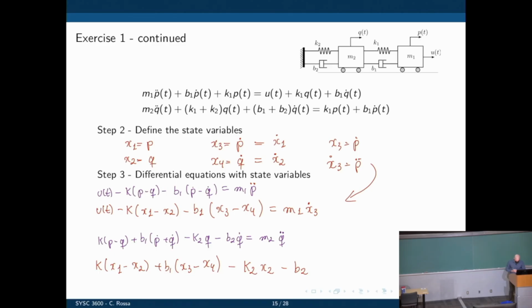What is Q dot? That's x4, equals M2 times Q double dot. If x4 is Q dot, then x4 dot is Q double dot. So this is x4 dot. Nice. Now we have the fourth equation. That's the derivative of the fourth state. And it's only a function of other states. See, there's no other derivative in there, and everything else is either states or inputs.